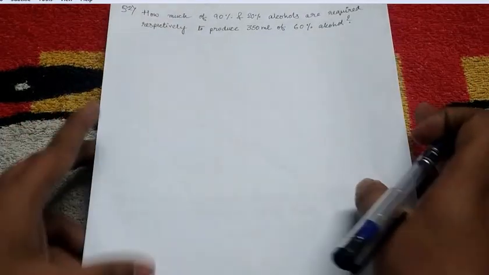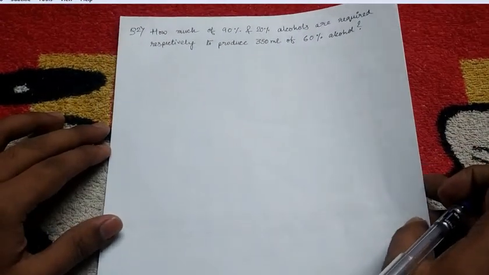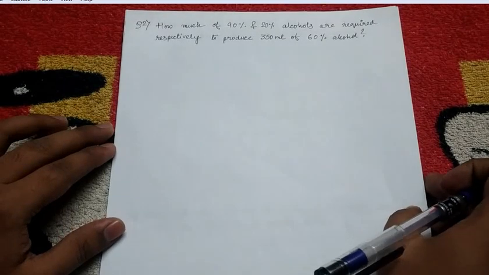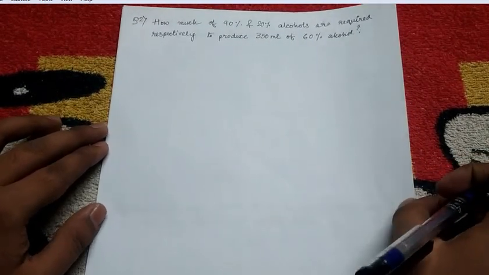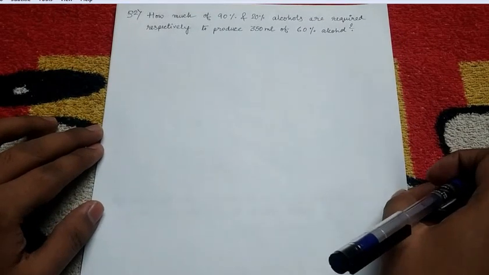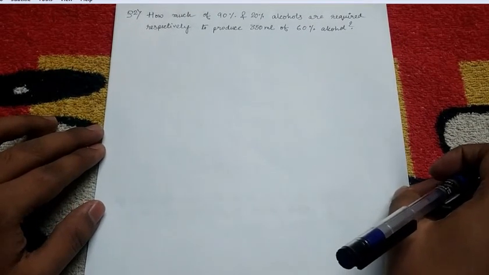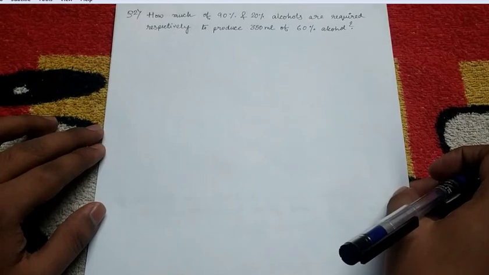Now this is the first question. Now let's move on to the second question. Now the second question, I would request you to pause the video after I read out the question and then try it for yourself. Then I will tell you the answer, or rather explain it to you.